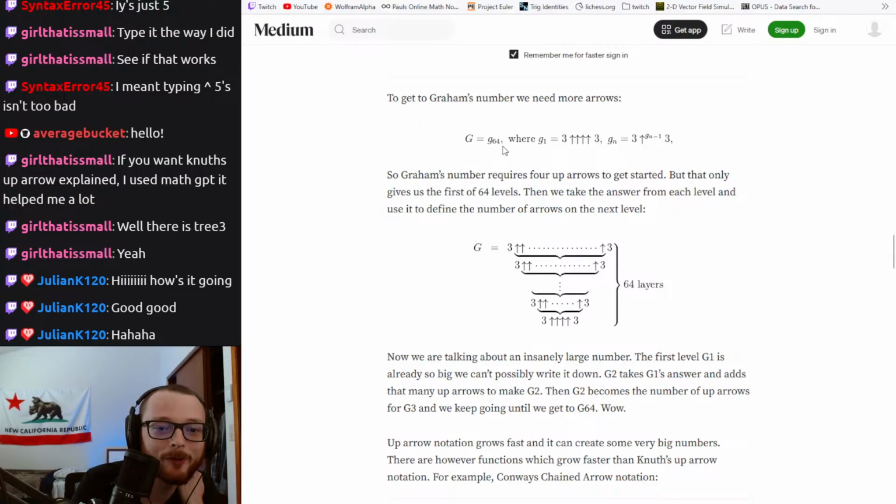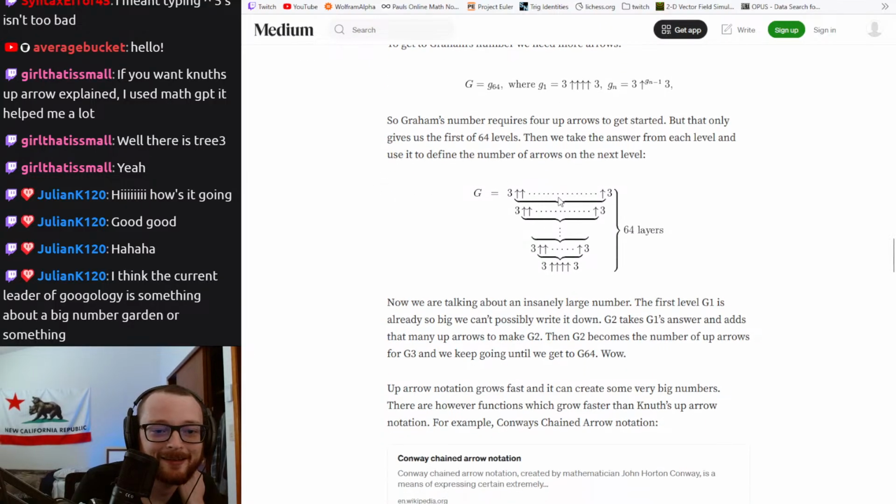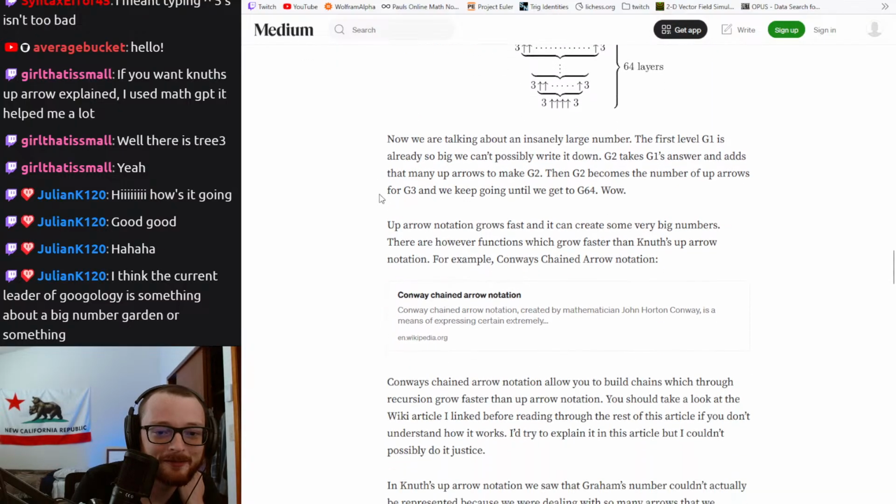You need 64 up arrows? Or 63, I guess? Wait, no, G1. Wait, what? Oh, wait, this is recursive. Oh my god. So you start with 4. Wow. Okay, yeah, that's... I don't... we could calculate how many arrows that is. I can't work it out in my head right now, though.